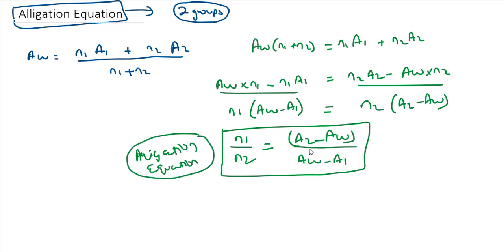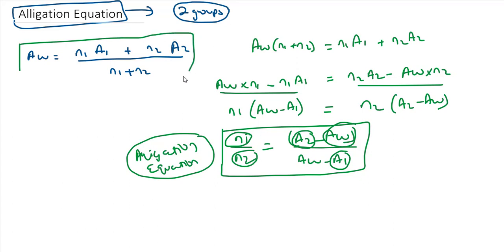We will use this alligation equation only for finding the weights N1 by N2 or the average of the group A2 or A1. For finding the weighted average of the group, we will directly use the formula for weighted average, because here we don't have to simplify anything, we can directly substitute the values and get the answer.